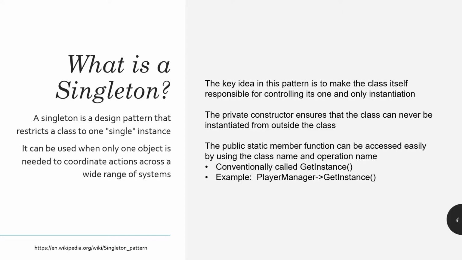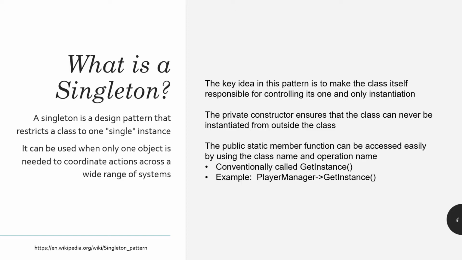Once we have that one singular object being maintained under the hood, we can use a public static member function to access that and get the pointer and do everything we want. We conventionally call this function getInstance. You might see it differently in other programming languages, but in my experience I have seen the phrase getInstance conventionally get that pointer or reference.